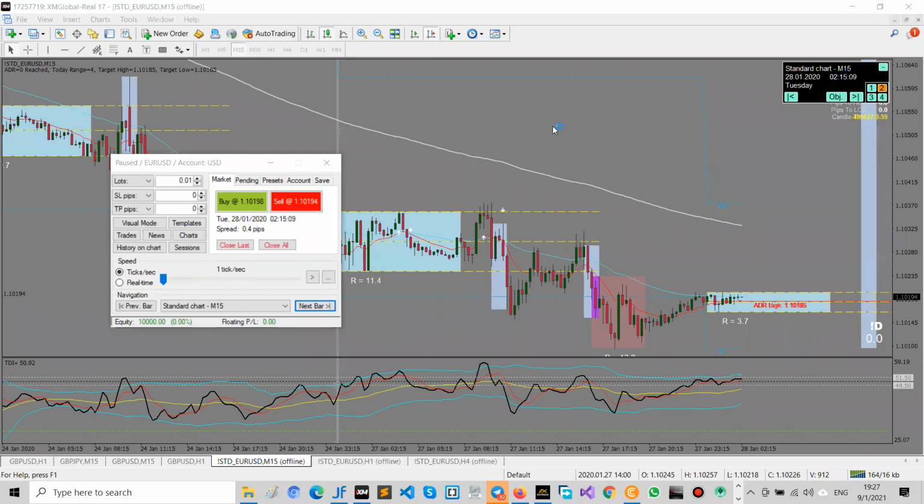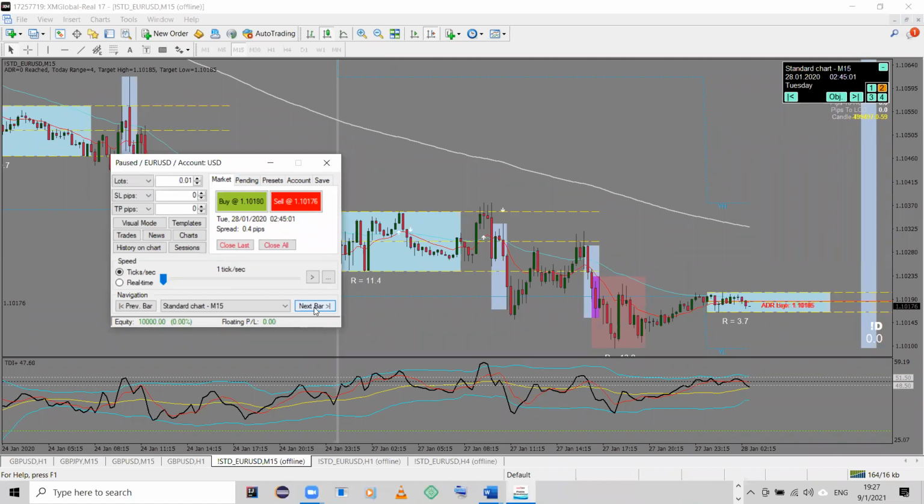We're now on 28 January. This actually happened on 20 January 2020. It happened in real time, and trades were made, money was made, money was also lost by other traders. So this is a real game. I don't trade during this time.